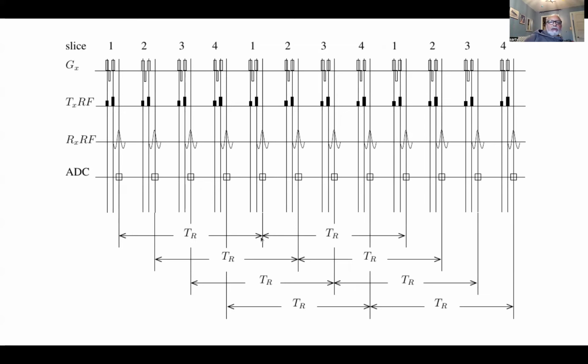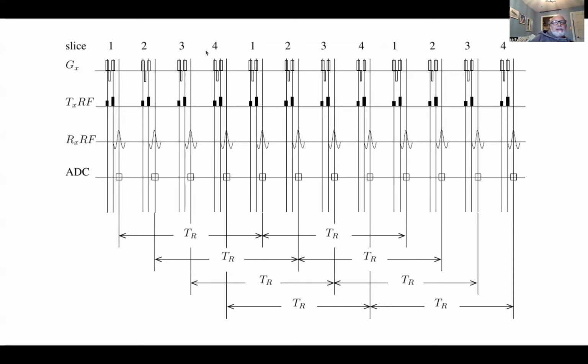And when we broadcast at that frequency, we're going to affect only that slice in what we're trying to image. Then we switch the frequency to a second frequency, and we're going to excite the spins in another slice, slice two. So the TRs only apply to the slices that you're actually trying to image.